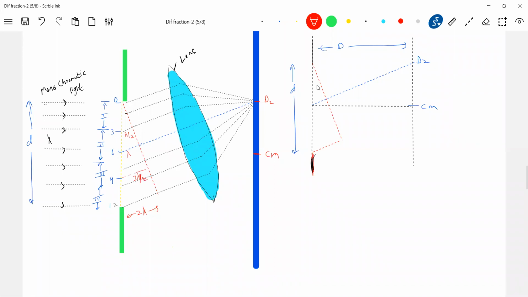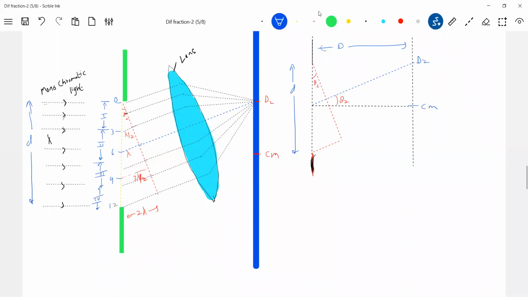What is the path difference of the rays from part 1 and part 2 of the slit at D2? It will be lambda by 2, and they'll undergo destructive interference and cancel out. I think we took the symbol theta 1 earlier, so here I'll call this theta 2. So what is the expression we have to give?